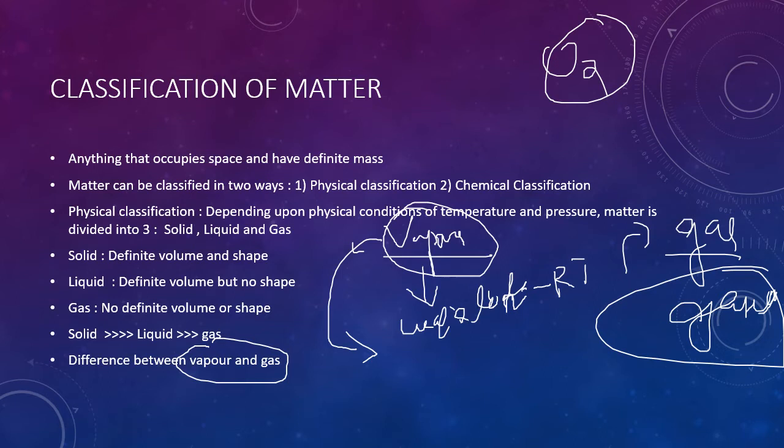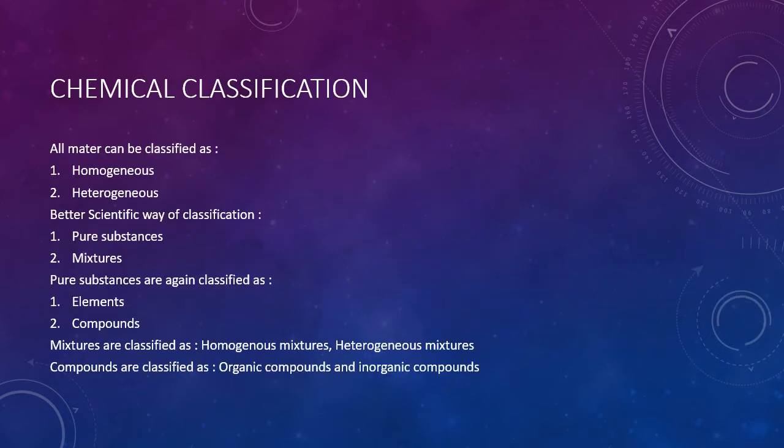In the next part, we would be dealing with the chemical classification of matter. Chemical classification is done on the basis of the number of phases a particular matter has. For example, consider a sugar solution.